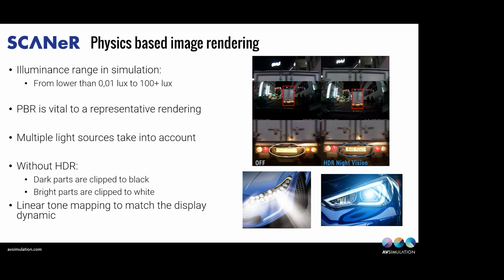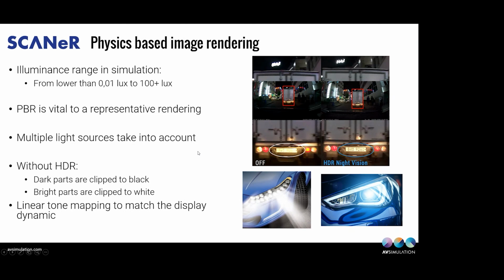We calculate at any moment what the light actually does into the scene, depending on its intensity, its direction, the material on which it is reflected or absorbed, etc. And given this, we're taking multiple light sources into account, because we're able to generate headlights that have many light sources as this one or fewer as this one, and also light sources of different types, going from the halogen to the LED types of headlamps.